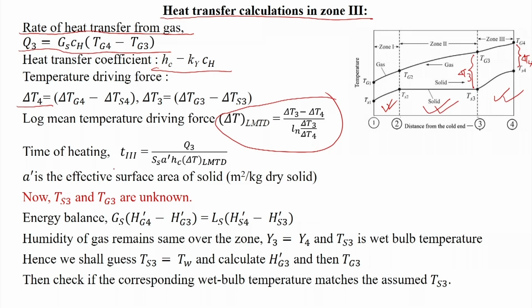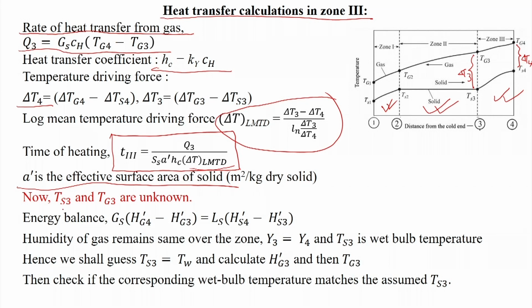And here, the time of heating, how much time is required in zone 3, we will get by Q3 by Ss into A prime into Hc into delta T driving force, where A prime is nothing but the effective surface area of the solid. So that will be meter square per kg dry solid.